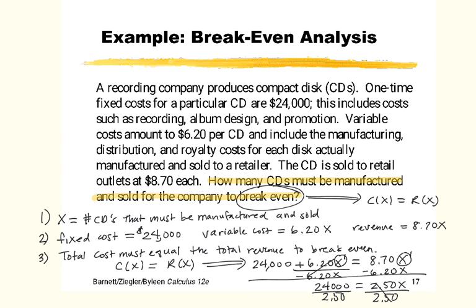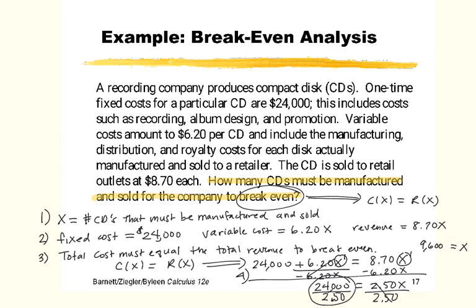Okay, and this gives us x on the right side is equal to 24,000 divided by $2.50, or 2.5, which will give us 9,600. Okay, so in this case, we set up the equation. I'm going to squeeze in step 4. Solving this equation was step 4.